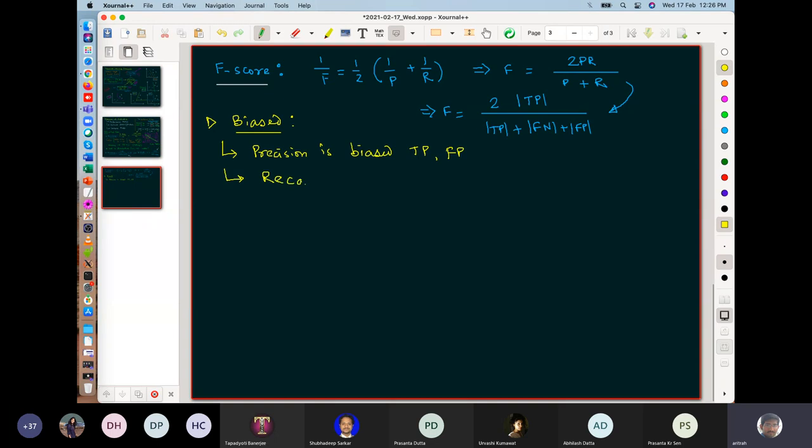Similarly, your recall is biased with true positive and false negative. And your F score is biased with true positive, false negative, and false positive. So, as your friend suggested, we are totally ignoring true negative.